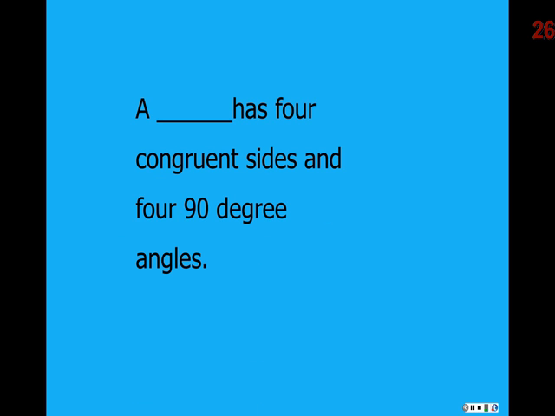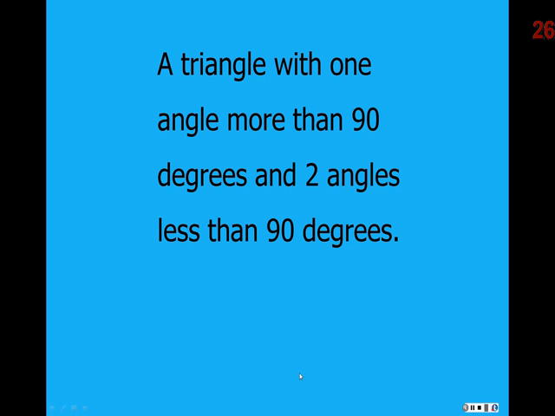A blank has four congruent sides and four 90-degree angles. A square or a rectangle, right? But for it to have four congruent sides, it really has to be a square. A triangle with one angle more than 90 degrees and two angles less than 90 degrees.